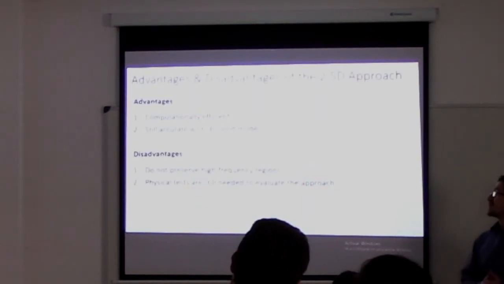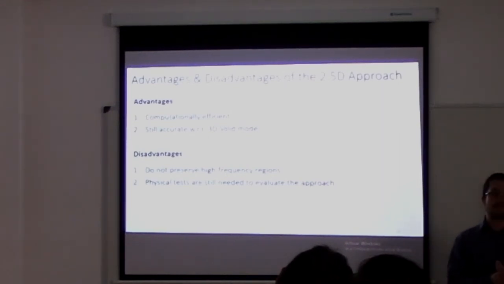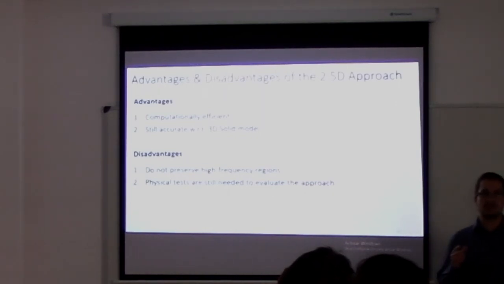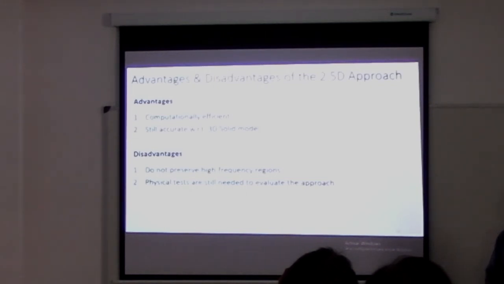So, to summarize the advantages and disadvantages of our approach, the main advantage is its computational efficiency, without losing accuracy. Of course, it is not perfect, but it's still accurate in comparison to a 3D model.